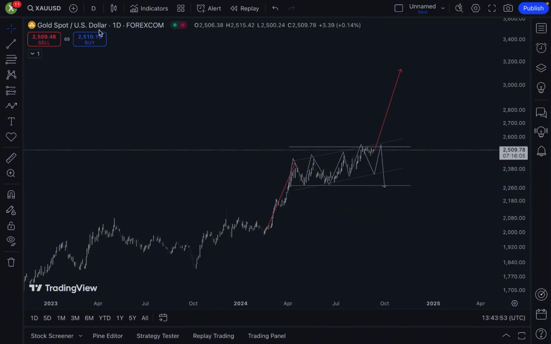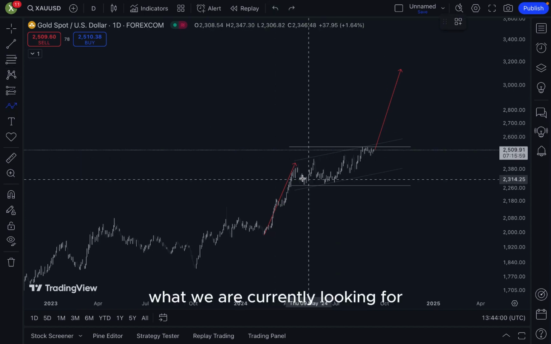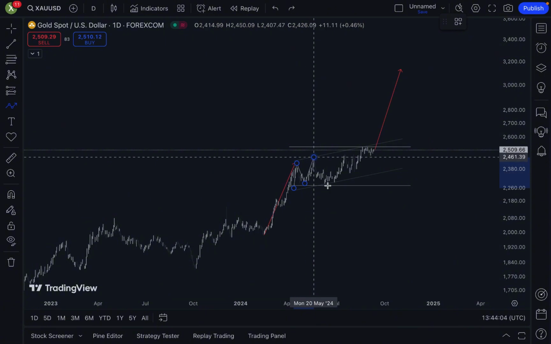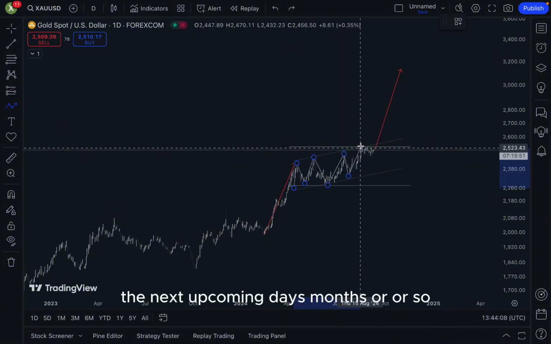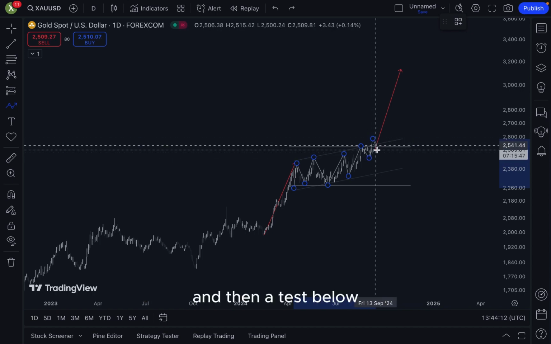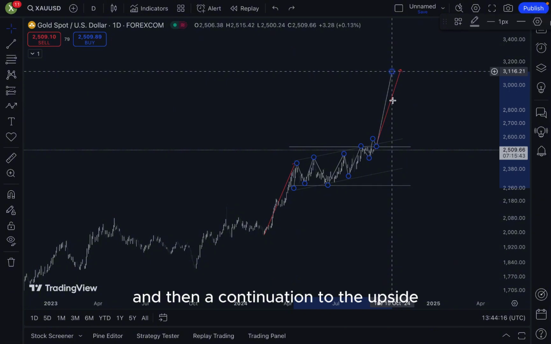If we erase this, what we're currently looking for is something like this. In the next upcoming days, months, or so, we are looking for a break of structure and then a test below and then a continuation to the upside.